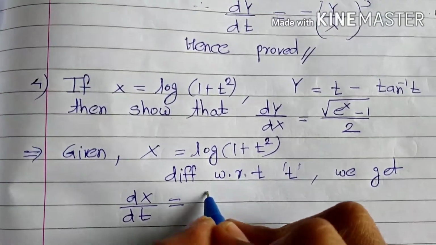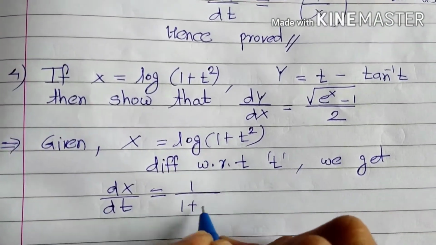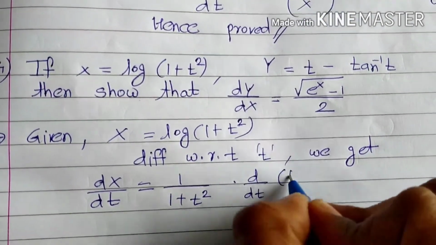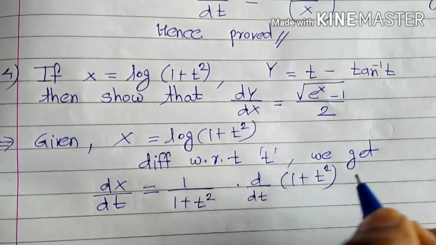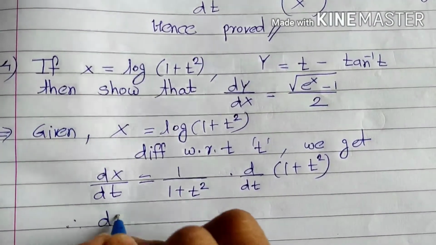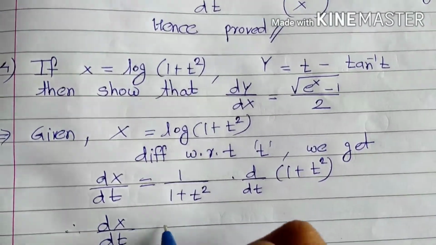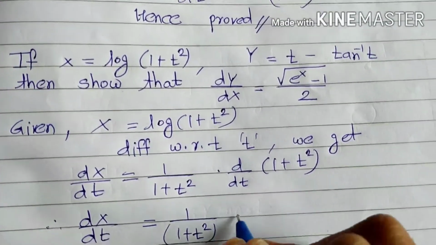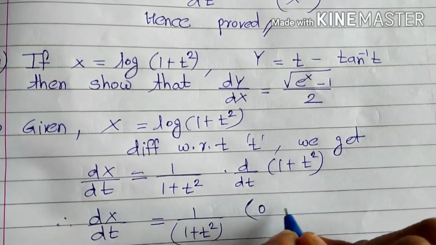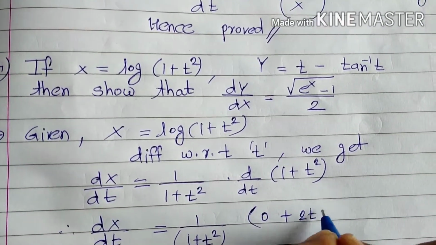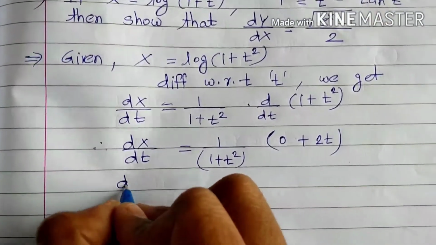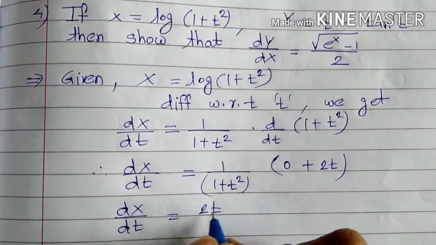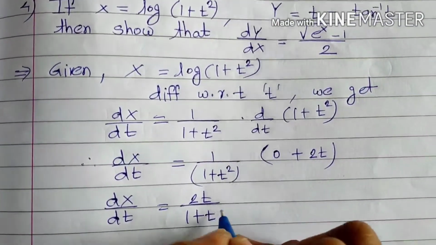Derivative of log x is 1 upon x, so 1 upon 1 plus t square, and this derivative of 1 plus t square. Therefore, dx upon dt is equal to 1 upon 1 plus t square as it is, and the derivative of 1 is 0 plus t square is 2t. So we get dx upon dt is equal to 2t upon 1 plus t square.